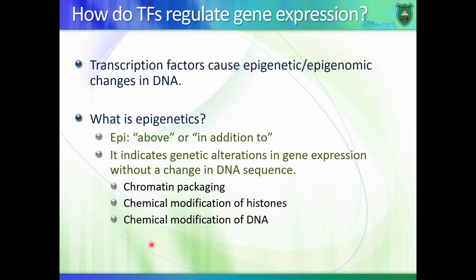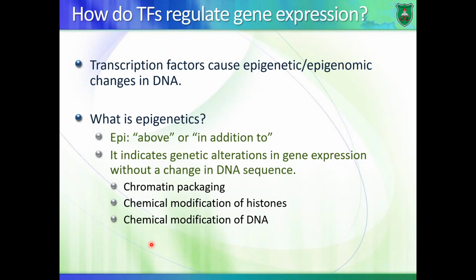It's something that is at a higher level of regulation than the regulation that we've talked about in prokaryotic cells. So it's a higher level, and that's what epi means. So basically, when we say epigenetics, it's basically genetic alterations that regulate gene expression without changing the DNA sequence.